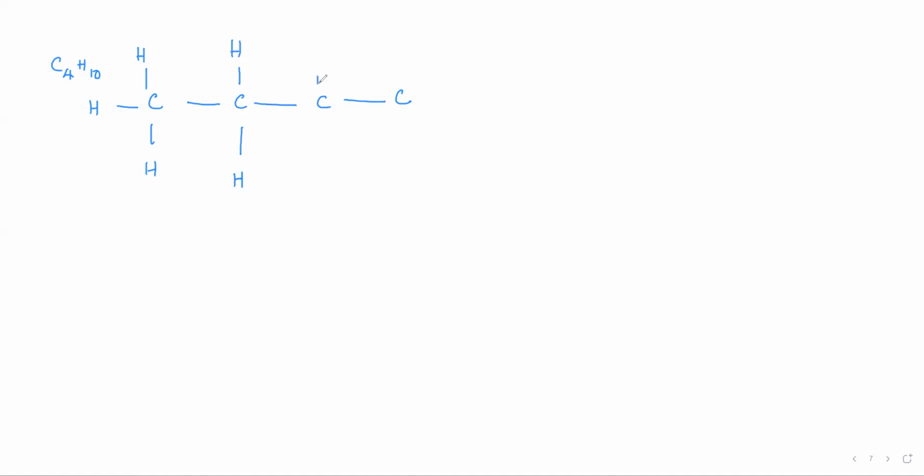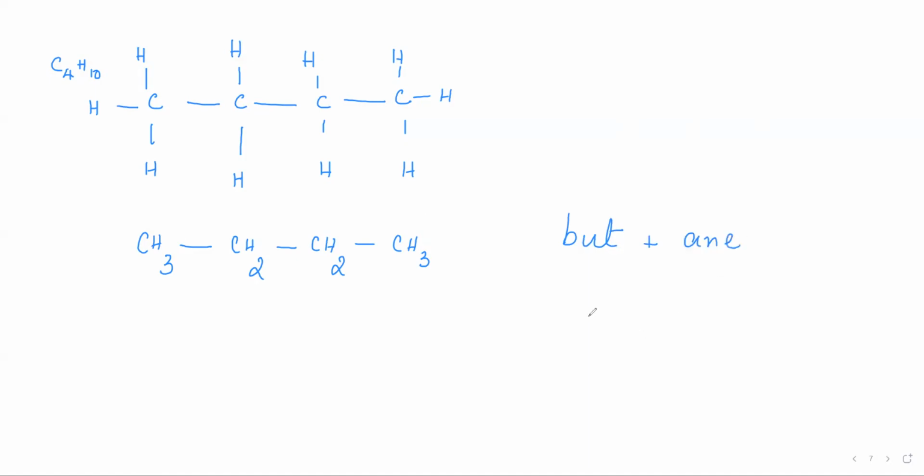Next, 2 bonds are there, so 2 more need to be formed. Last one, finally, 3 bonds. So, this is the branched structural formula and the condensed will be CH3, single bond, CH2, again a CH2, single bond CH2 and then you have CH3. 4 carbons, so the root word is but and the primary suffix remains the same, butane.